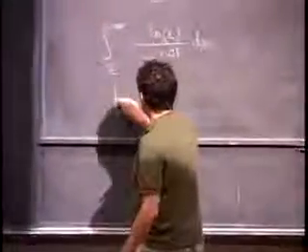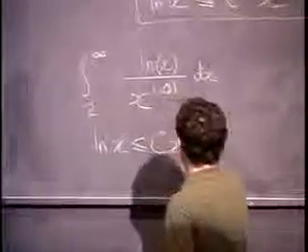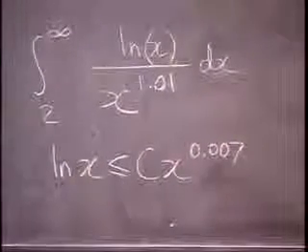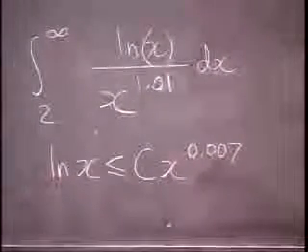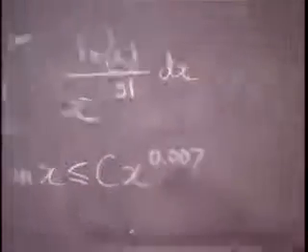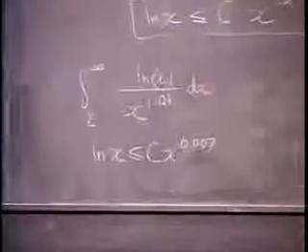For example, let's take log x is less than or equal to constant x to the 0.007. Okay, I've always wanted to do that on camera. I don't know why. Okay, anyway, so you could pick any number here so that when you take it away from 1.01, you are still on the correct side of 1.